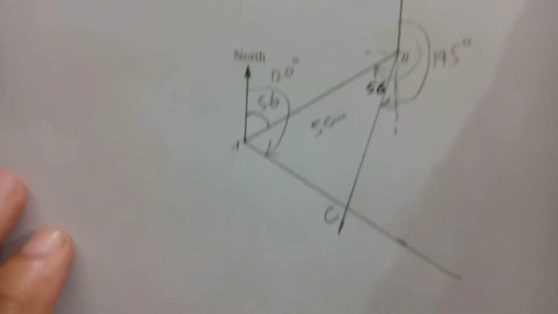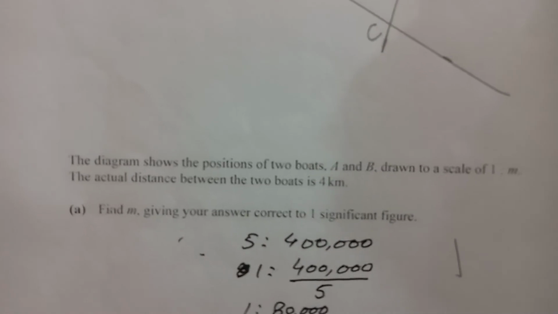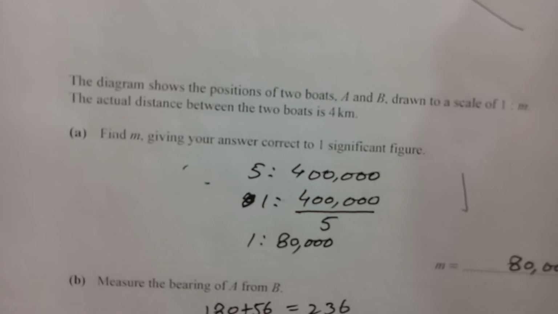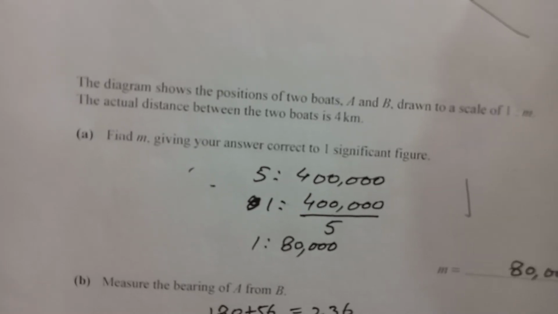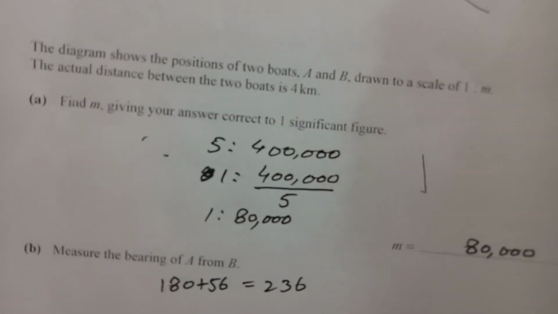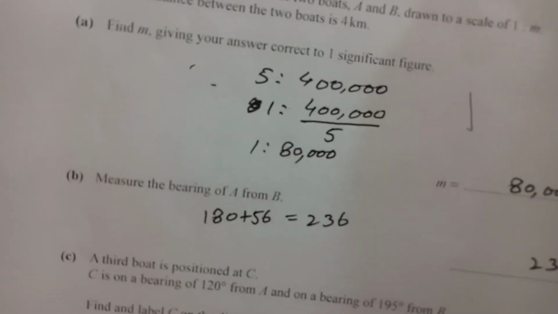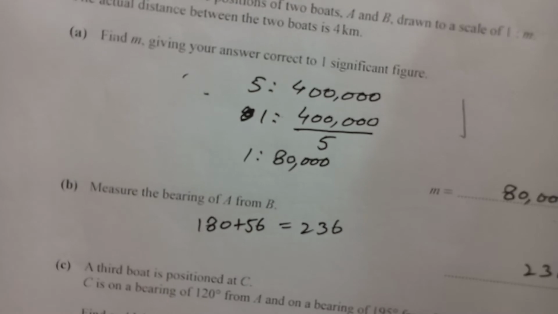ABC is a triangle. In the question, he is asking for the scale in terms of 1:n, the ratio of the length of AB, which is given as 5 centimeters, to 4 kilometers.